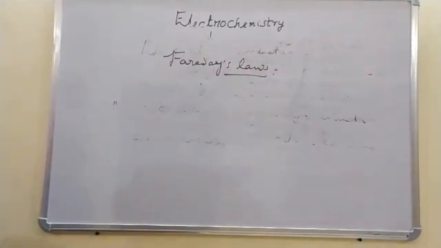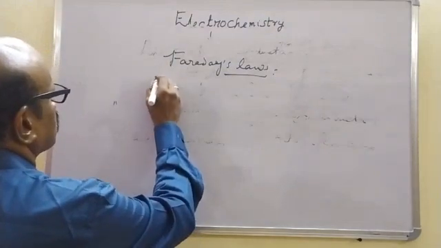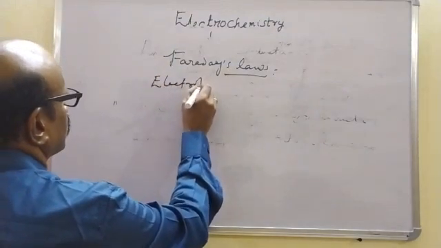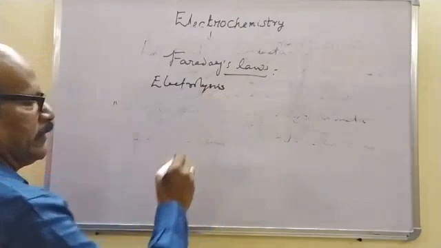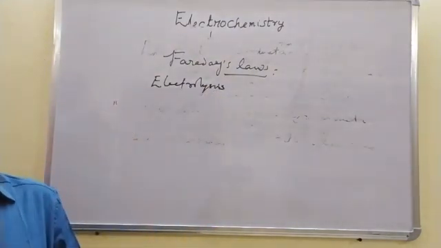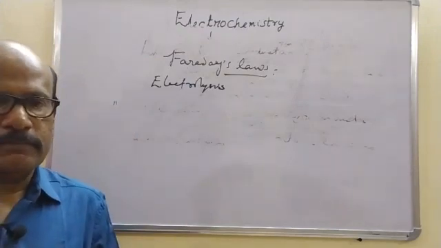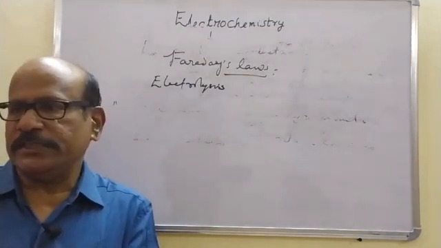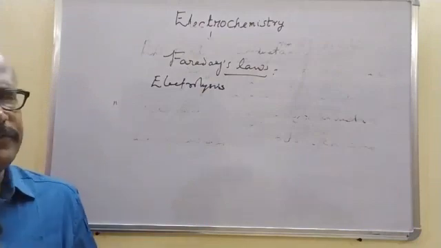So what is actually electrolysis? The process of chemical decomposition that is carried out in any electrolytic conductor by passing electricity through it is called electrolysis. That is the general definition.